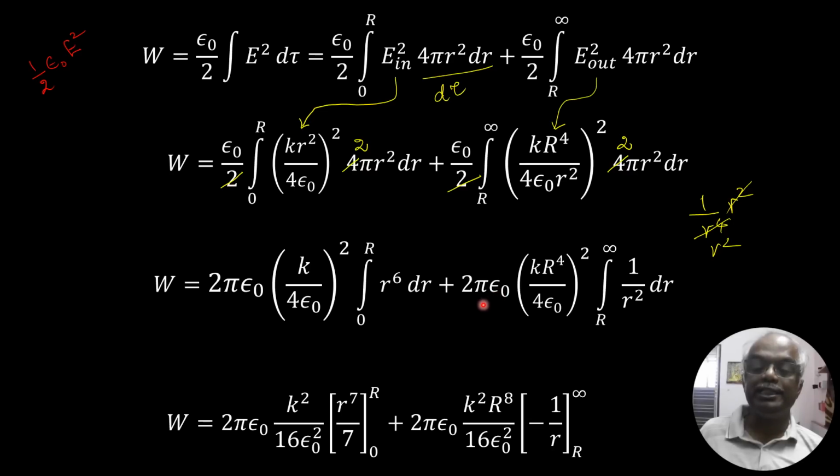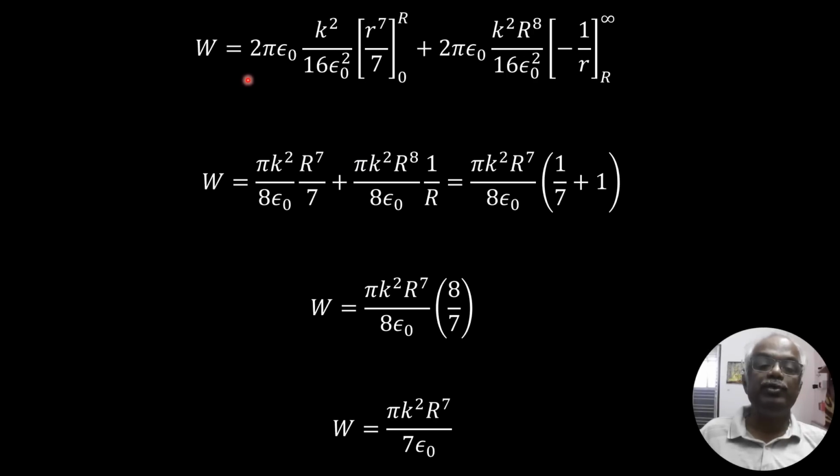Same thing, second integral, 2 pi epsilon naught, you square it: k squared r power 8 divided by 16 epsilon naught squared. If you integrate this, you will get minus 1 over r, between the limits, lower limit is r, upper limit is infinite. So we will do the calculation further.